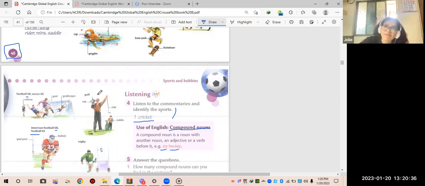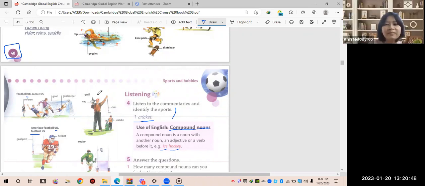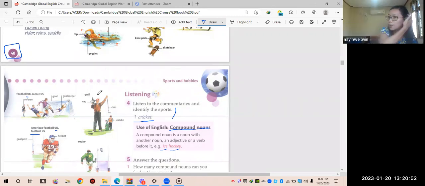Skyscraper, yes, correct. Afternoon, yes, we can say that is a compound noun. Friendship. Actually, friendship, I have to talk about that later. Friendship is not a compound noun. It's suffixes, prefixes, suffixes. I will tell you guys later about that.